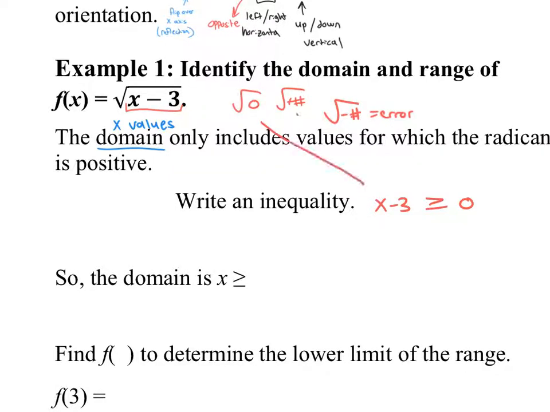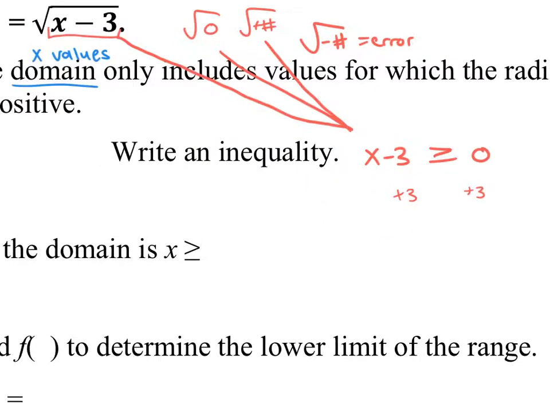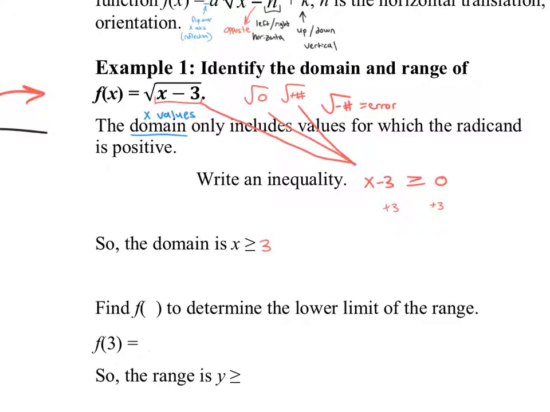It had to be one of those two cases because I set it up that way. X minus 3, the stuff underneath the square root, must be 0 or bigger. And then when we solve, by adding 3 onto both sides, we get that the domain must be x is greater than or equal to 3.